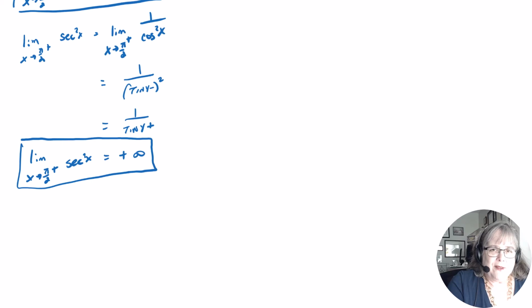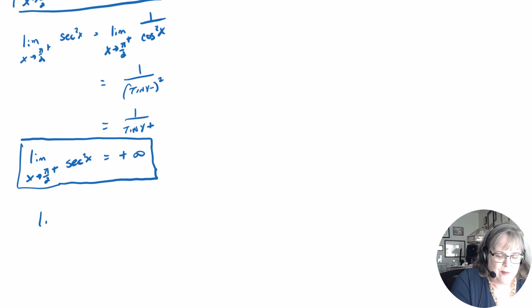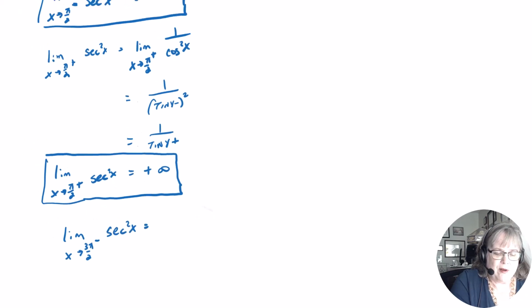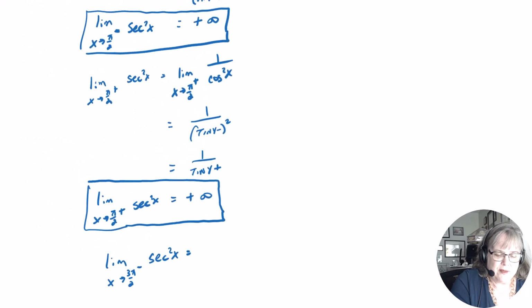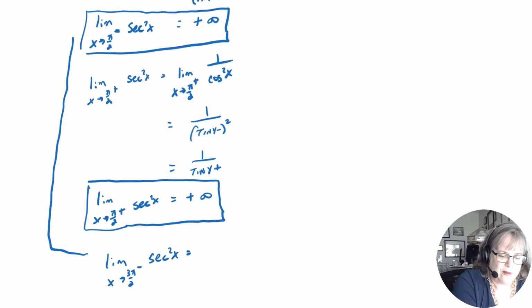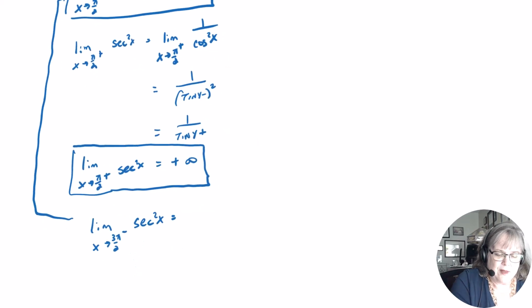Now, one of the benefits of having a periodicity of pi for this particular problem is that when I come up again for the limit as x goes to 3 pi over 2 from the left, since its period is pi, and this is pi over from here, then you can use periodicity to justify the fact that this is going to be positive infinity as well.